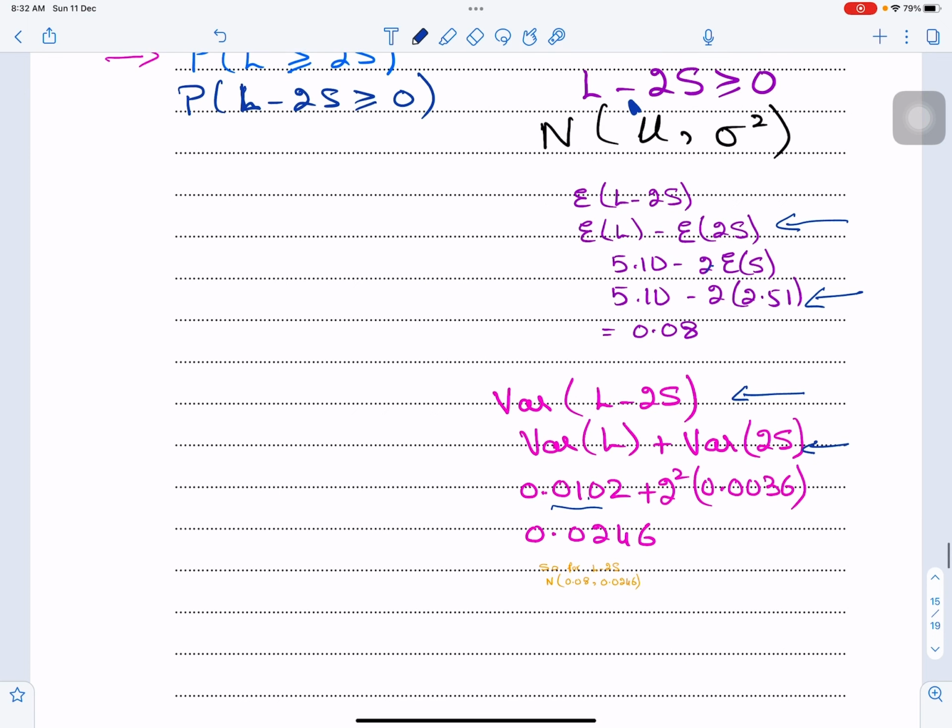After this I added up. So now I have a mean and the variance of this new distribution L minus 2S.